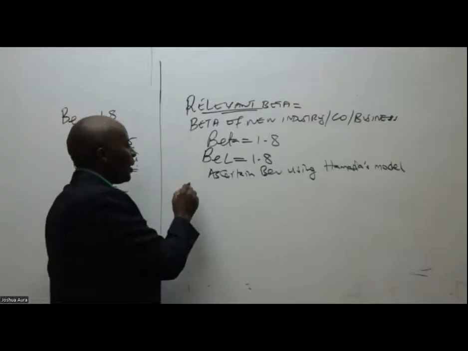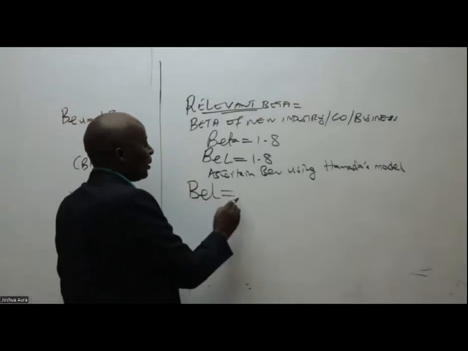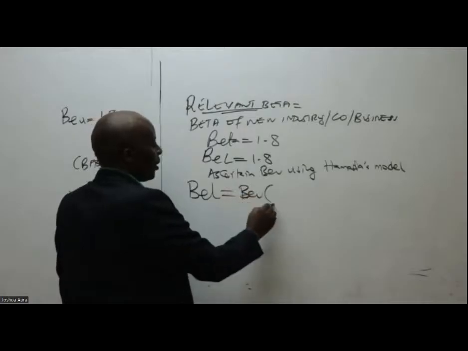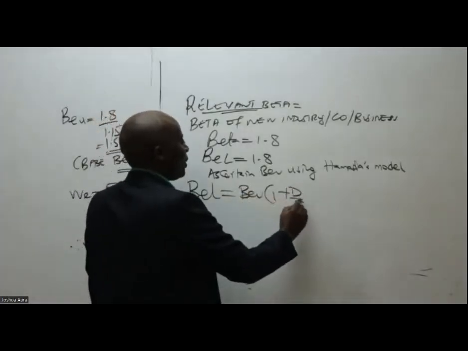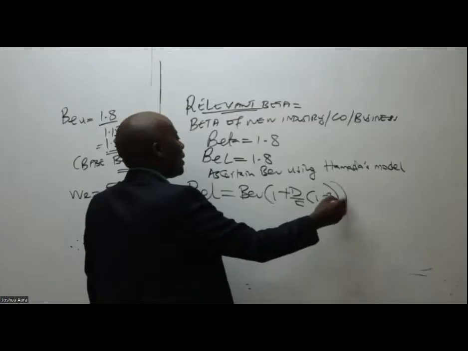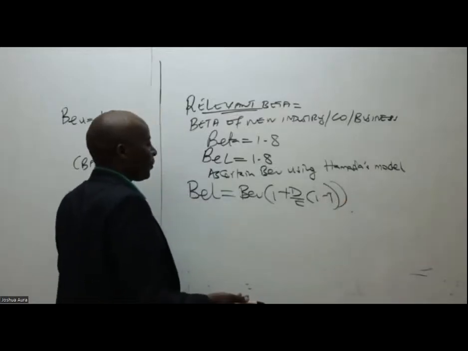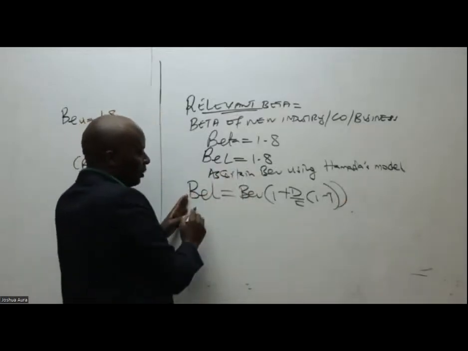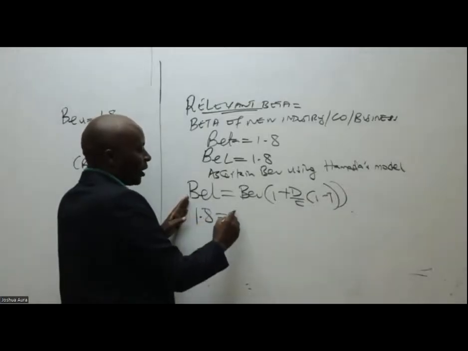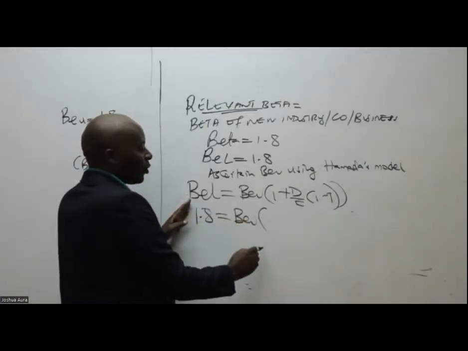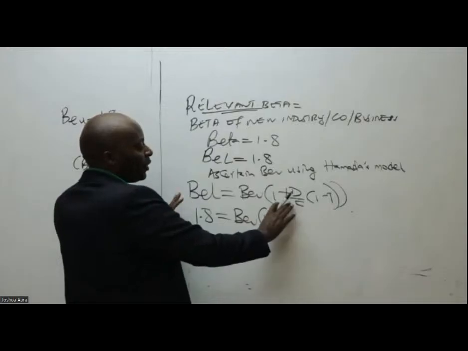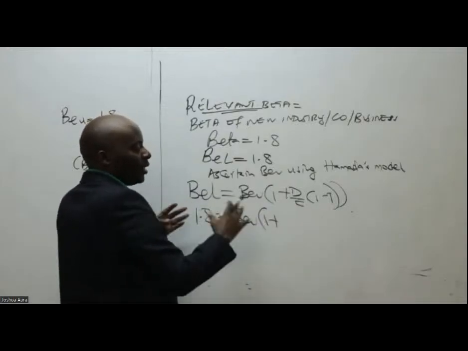So this is how Hamada's model looks. BEL equals BEU times 1 plus debt to equity ratio times 1 minus tax. So whatever we have here is our BEL, 1.8. BEU is what I'm looking for, times 1 plus, remember everything here is about the new business, new industry.